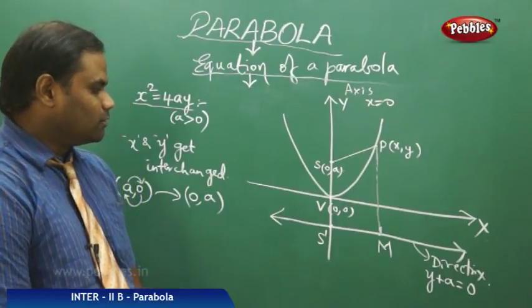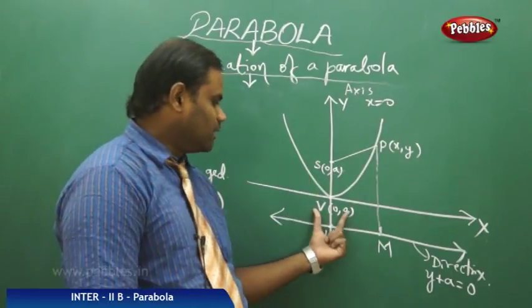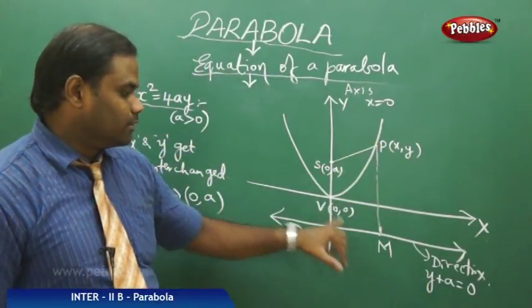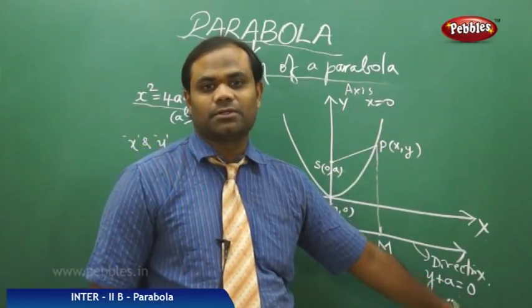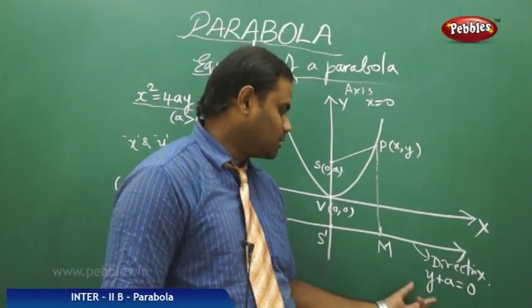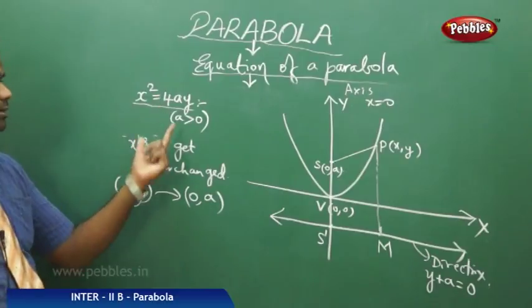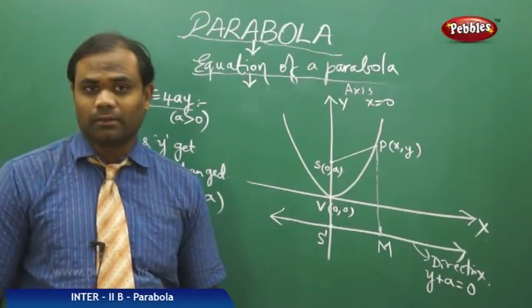So each of the focus, the vertex, the directrix, and the axis are given with their respective equations out here. Y plus a equal to 0 is the directrix for the parabola x squared equal to 4ay.